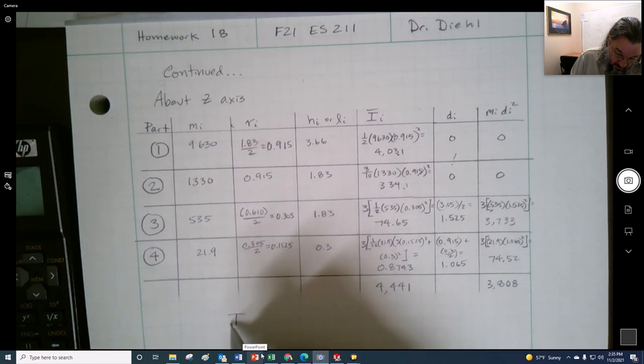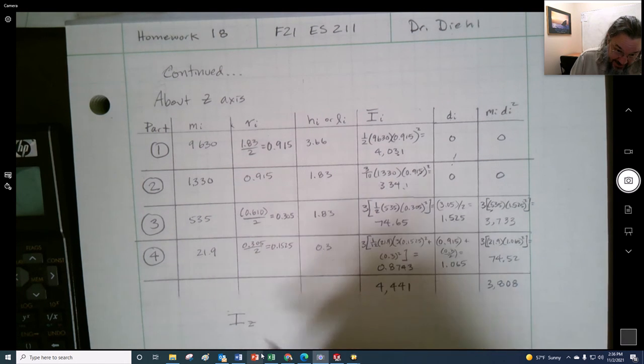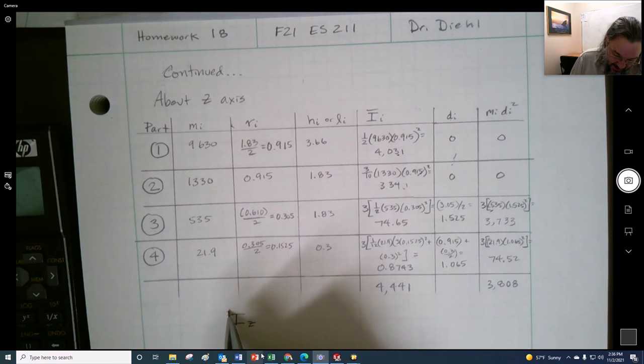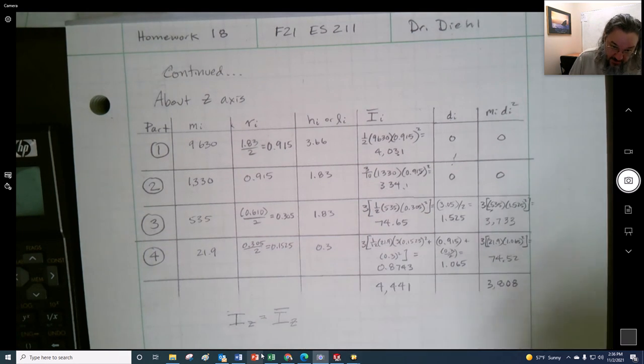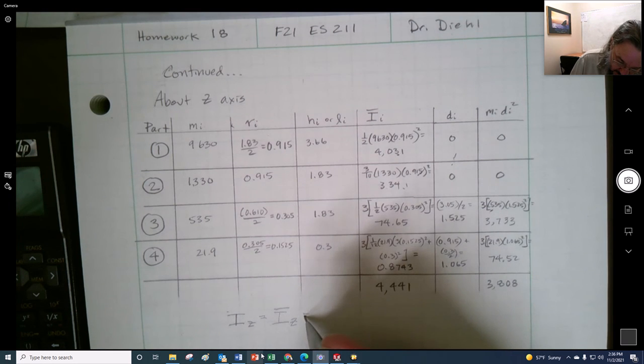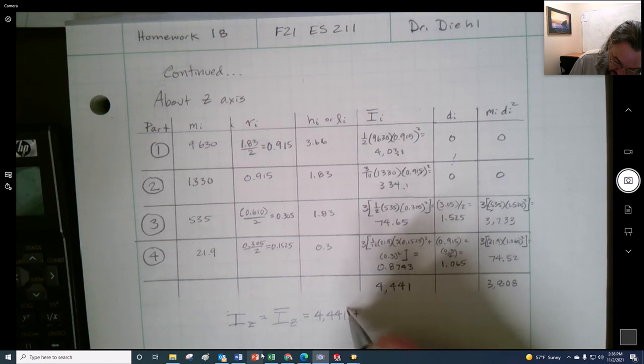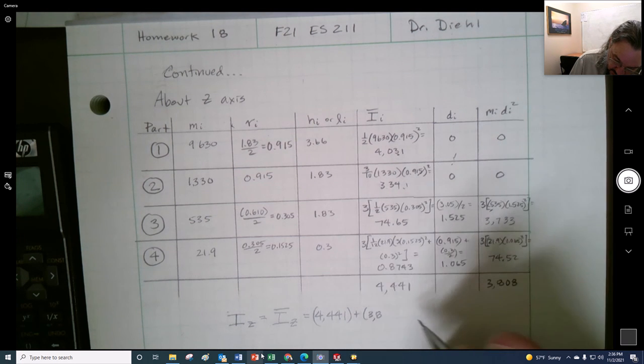So if we want to have the moment of inertia, and this is about z right there, and this is not just the moment of inertia about z, but it's also the moment of inertia about z, center of mass, is going to be the 4,441 plus all of these things moving over.